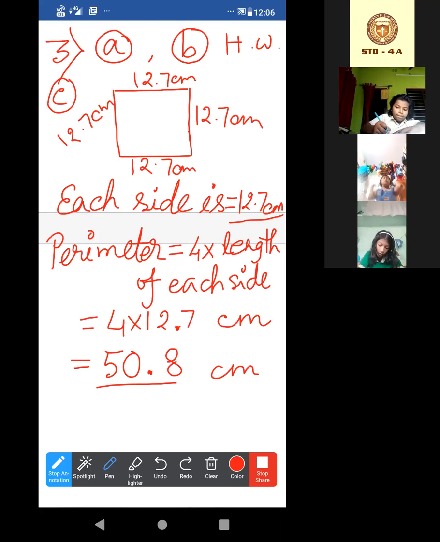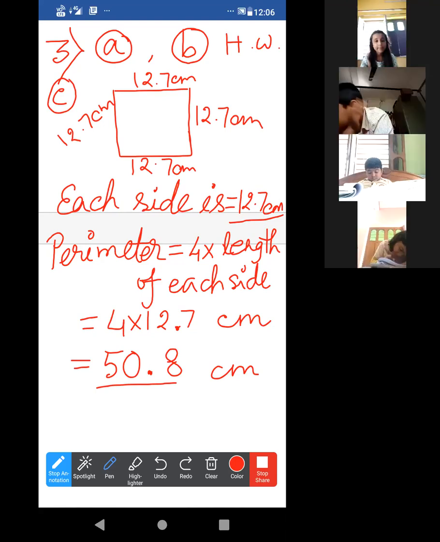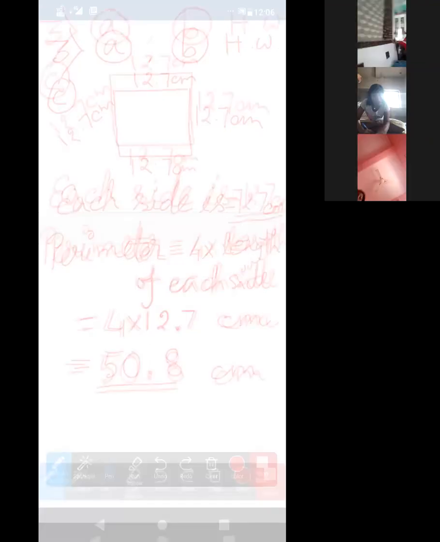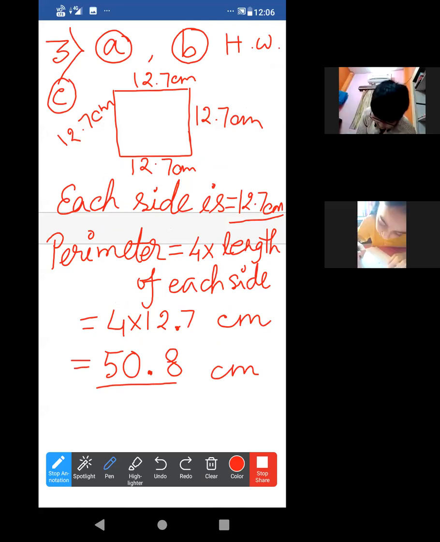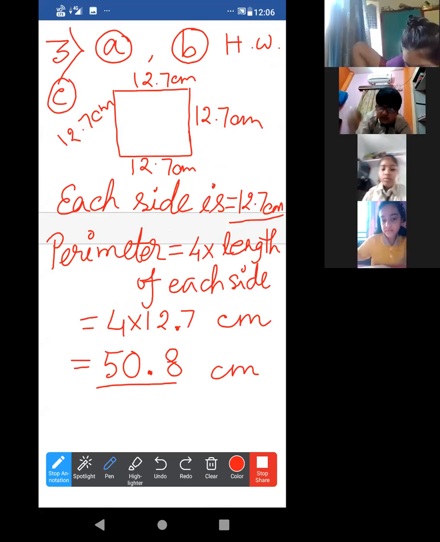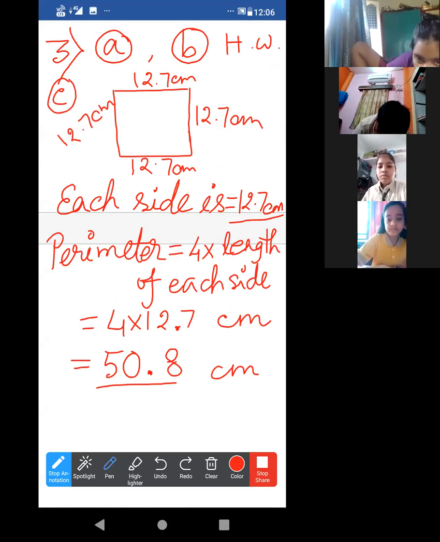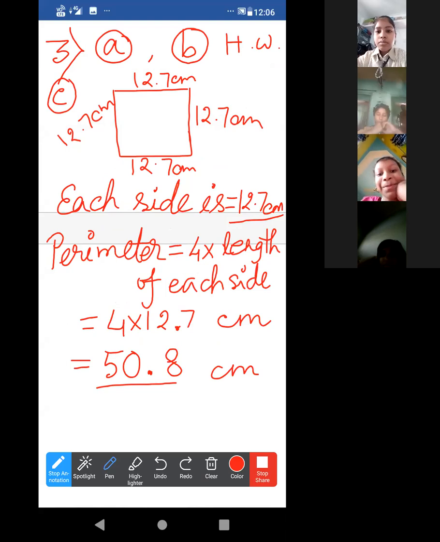Ankita, good. Shubhangi, is the answer correct? Nakshi, Bonusri. Riza and Farhan Malik, say whether the answer is correct or not. Yes or no? Yes. No, Riza, it is correct.